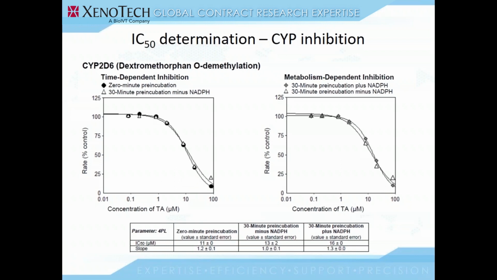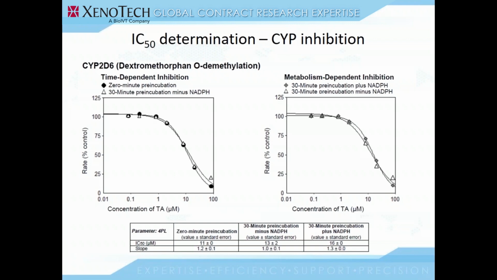For the most part, the curves that were pre-incubated were superimposable, as the inhibition did not increase upon pre-incubation with or without NADPH, indicating that there was no time-dependent effect. And we can also see this with the similar IC50 values that were calculated for each of the curves. Therefore, this drug would be a direct inhibitor of CYP2D6.